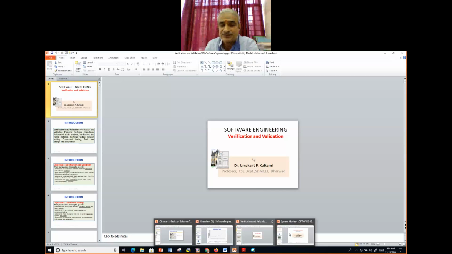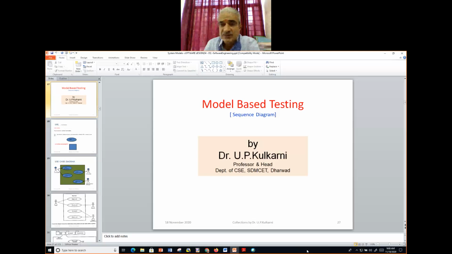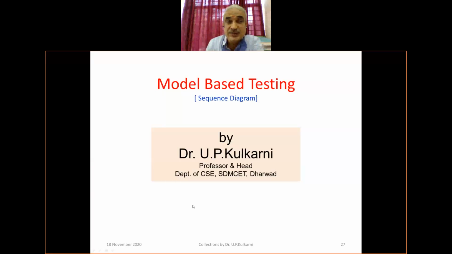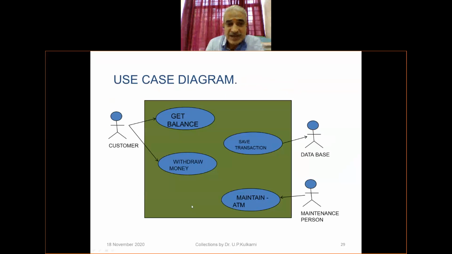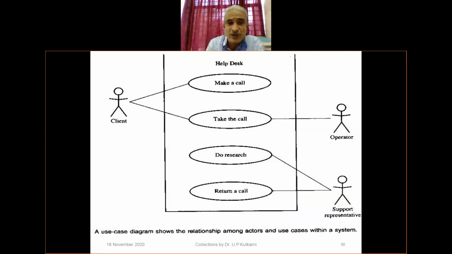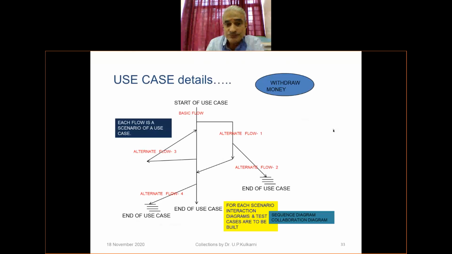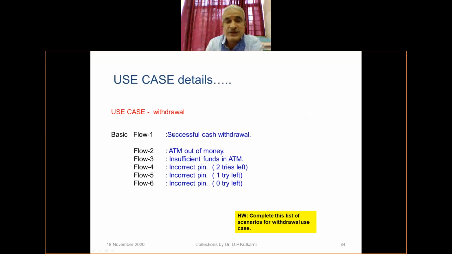Now let me open this. As a part of this, we have gone through the sequence diagram. We spoke about the use case diagram, and every use case you can represent in the form of scenarios. A collection of scenarios makes a use case, and these are all the possible scenarios we discussed.